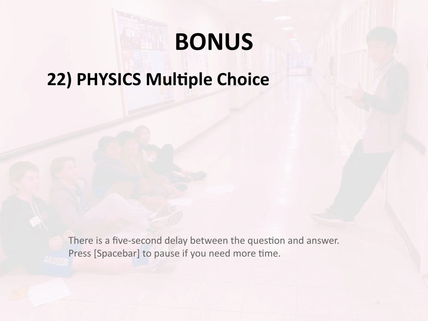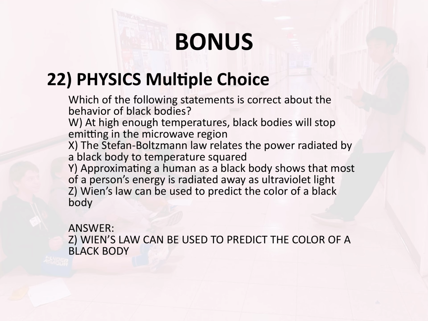Y. Approximating a human as a black body shows that most of a person's energy is radiated away as ultraviolet light. Z. Wien's law can be used to predict the color of a black body. Answer: Z. Wien's law can be used to predict the color of a black body.